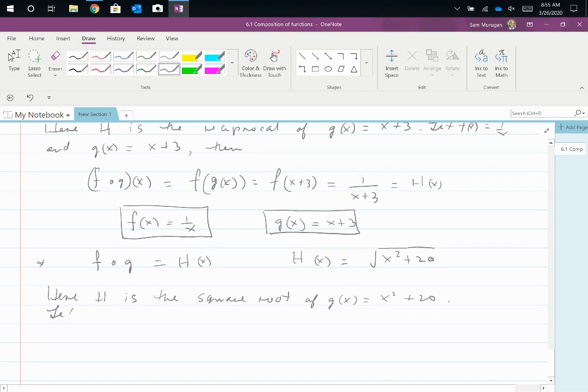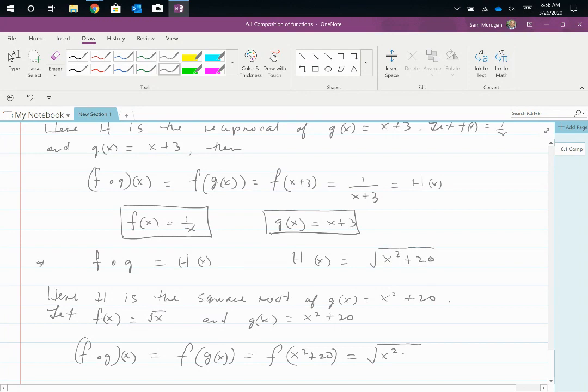So let f of x equal the square root of x and g of x equal x squared plus 20. So f composed of g is f substituted with the g function, which is f substituted with x squared plus 20, which is equal to the square root of x squared plus 20, which is the h function.